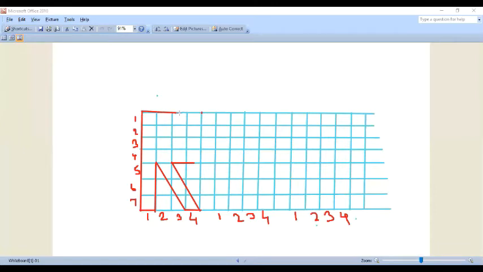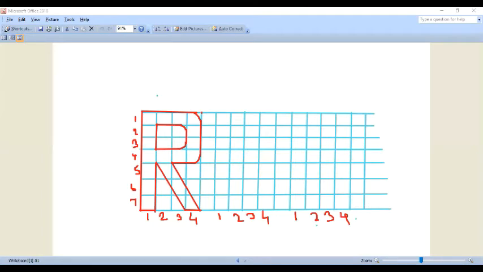Then I draw the curve later. First we draw the straight line. After the middle point of this block, so this is the R.